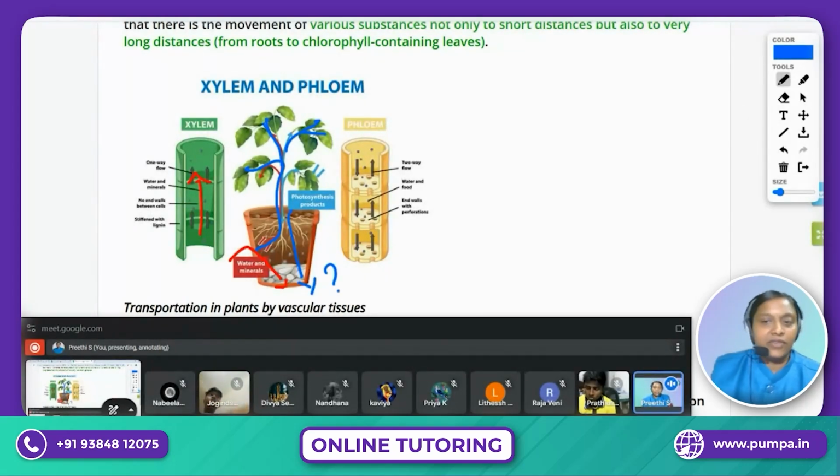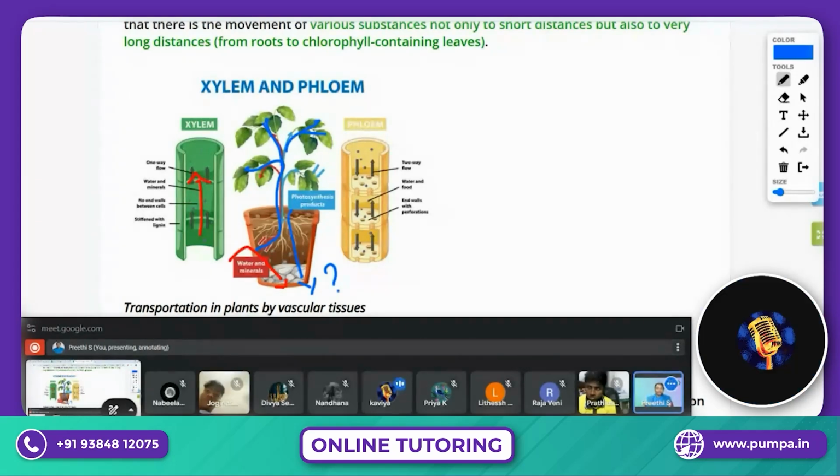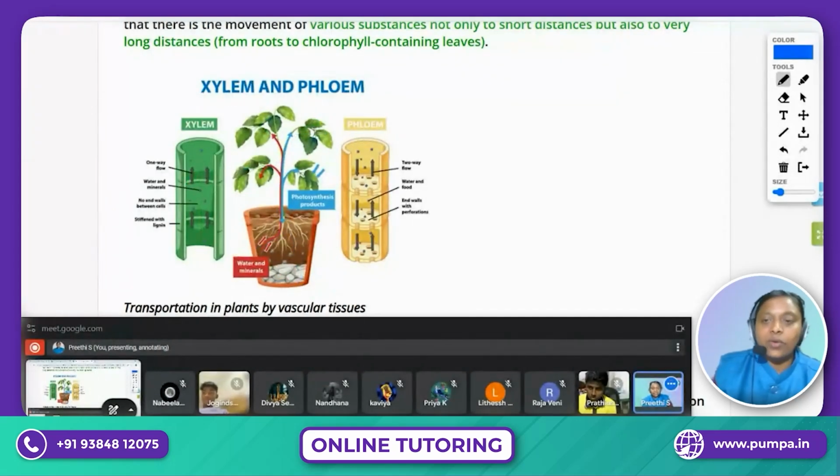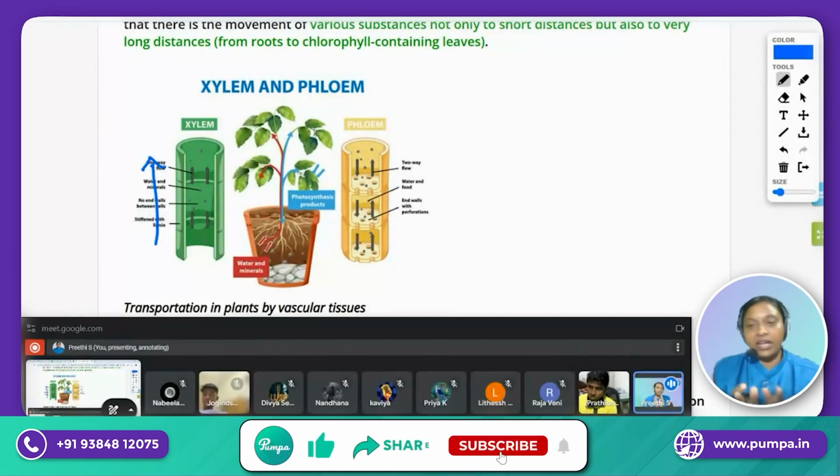Will the water absorbed by the plant return to the land? No, ma'am. Because the xylem carries the water in one direction.